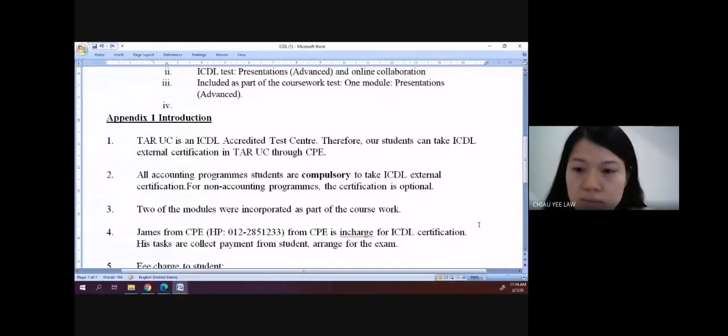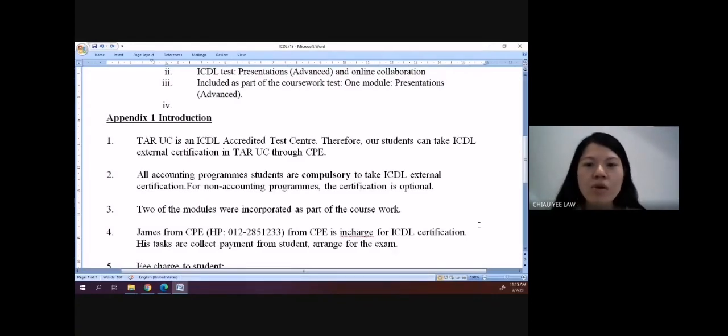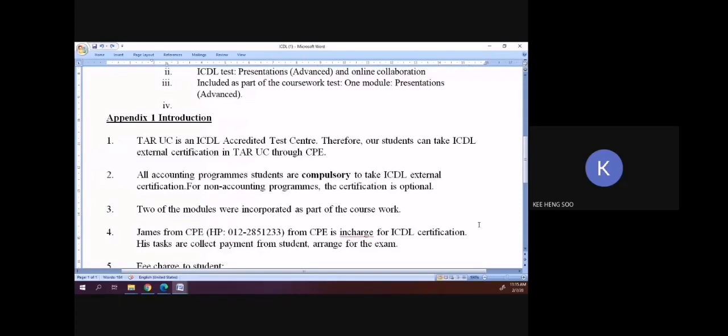Any more questions? So class reps and course reps deal with Mr. James about how to collect the payment and arrange the date. He has a few dates for you, and one day has a limit on how many students, so it's first come first served. After making payment, you need to plot the date. That's why it's very difficult for the course rep alone, so class reps have to work together with the course rep.